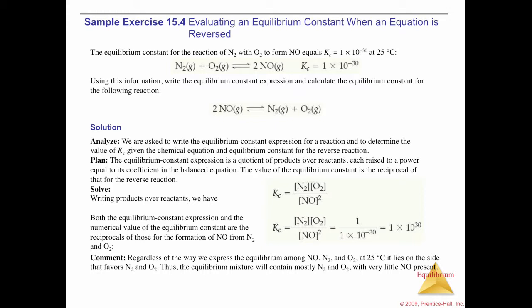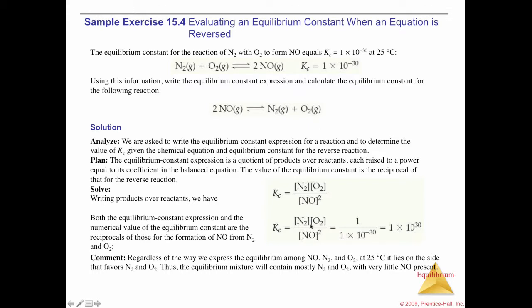So for our forward reaction, the expression for equilibrium would be NO squared over N2 times O2. And this would be the equilibrium constant. For the reciprocal, we have to flip the reaction around. And now we have our N2 and O2 as our products.